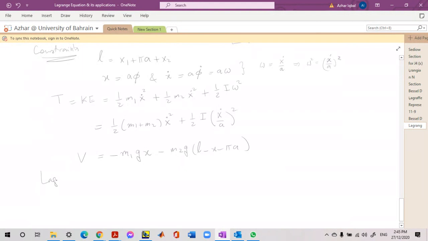Now the Lagrangian is given by L, which is T minus V. If you take the T from above, it becomes half m1 plus m2 x dot square.